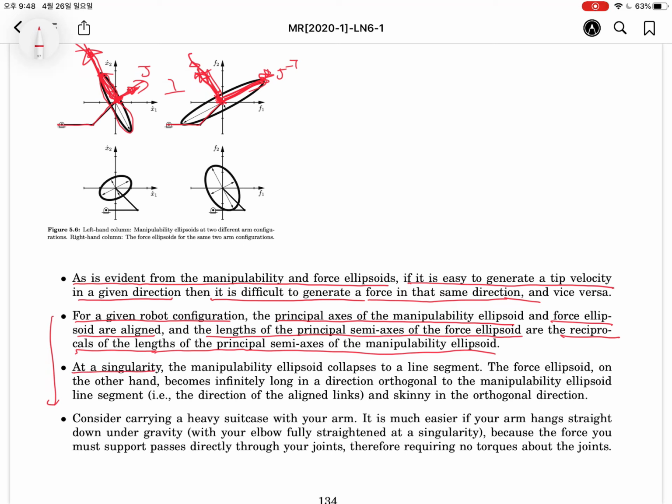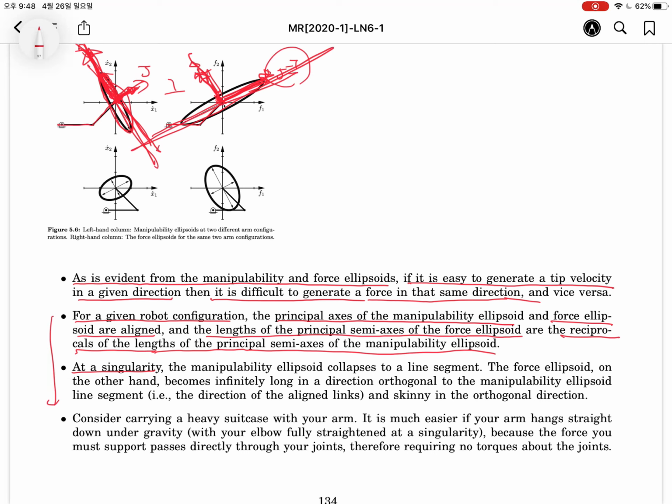Okay, at a singularity, this ellipsoid will be a line. Is it right? That means the end effector will move in this direction, but it cannot move orthogonal to the line segment. In the case of the force ellipsoid, we have this line.